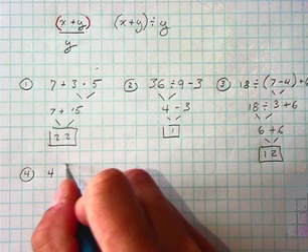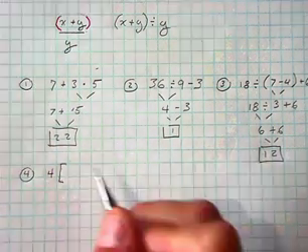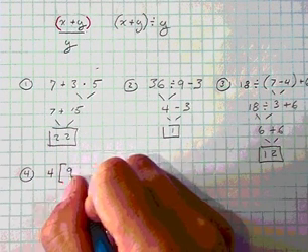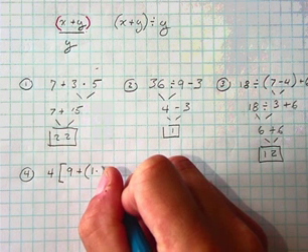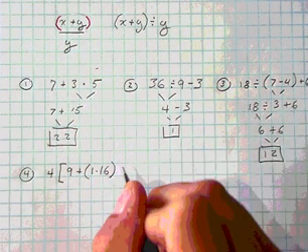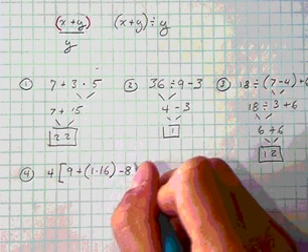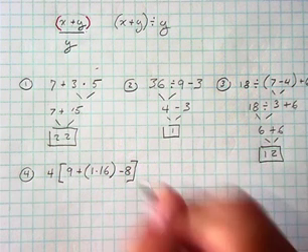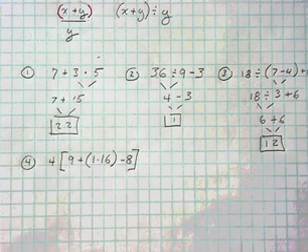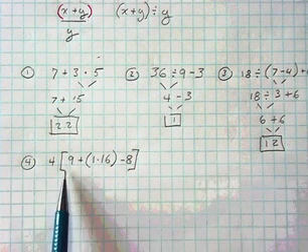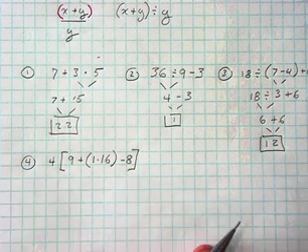Put some brackets in. 9 plus, parentheses 1 times 16 minus 6. So this is my problem.